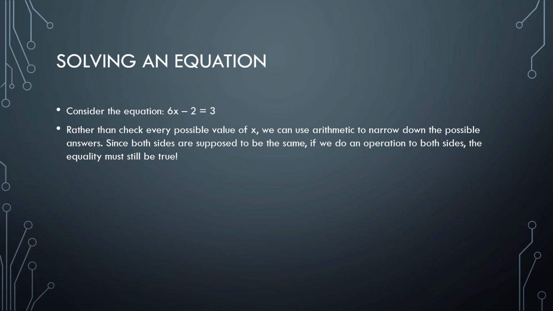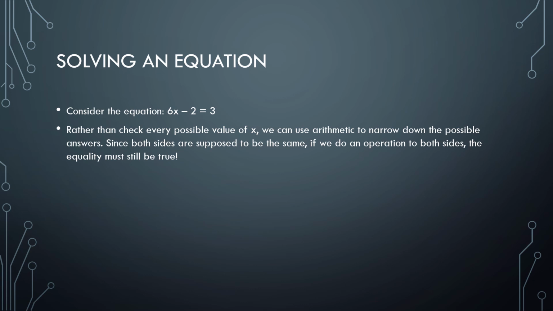Since both sides are supposed to be the same, we know that if we do something to both sides, then that's still true. Like 6x minus 2 is supposed to be 3. So if I subtract 1 from 6x minus 2, then I know that it would be the same as if I subtracted 1 from 3, which would mean that 6x minus 3 is actually the value 2.